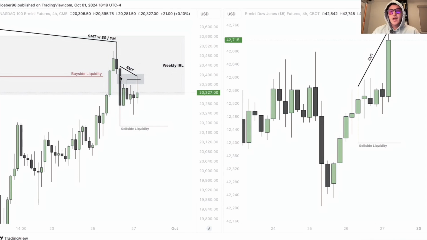Now that we have a 4-hour internal range liquidity pool with SMT divergence, I can drop even lower to my execution time frame, which would be the 15-minute chart from this 4-hour key level reaction if we're looking for an intraday move. So let's look at the 15-minute inside of that 4-hour key level.